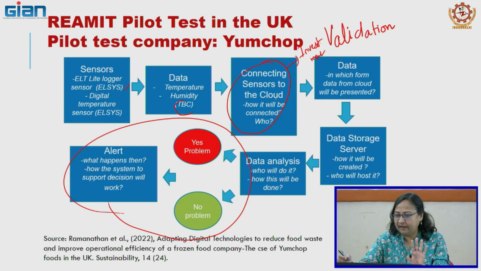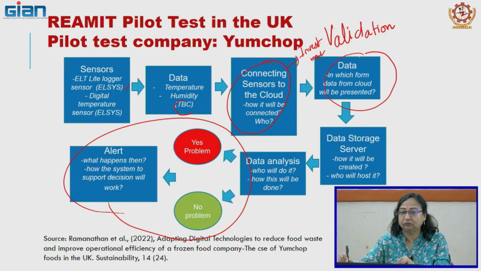Okay, data is collected, in which form? As I said, it is big data. It can be a number, degree centigrade, degree Fahrenheit, and VOC means how much contamination. Do we have any name for the contamination? We have food scientists here. Any name of the contamination?